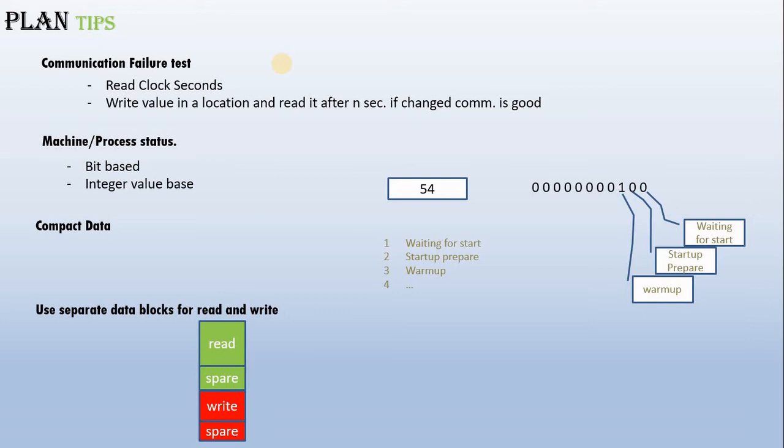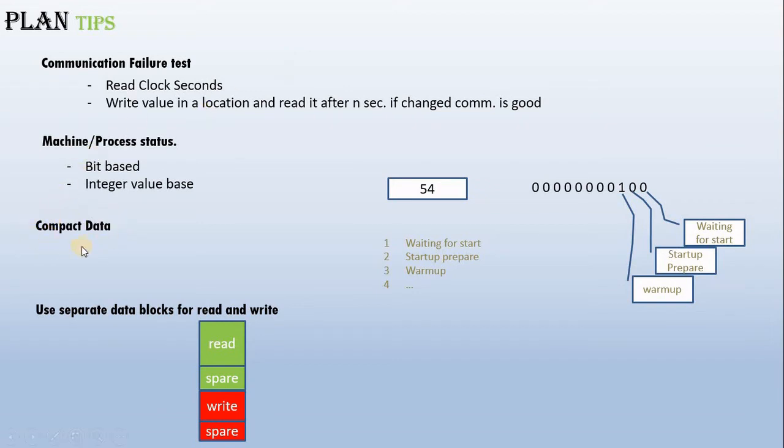When it looks at this value in its register, if it doesn't change for 5 seconds, that means the communication is lost. There are other ways, like the system writing in its own register a value, then the remote will write over this value, erase it and put something else. So if it doesn't change, it means there is no communication.